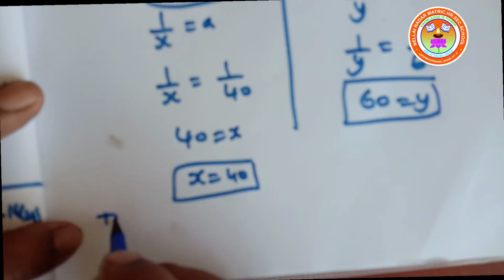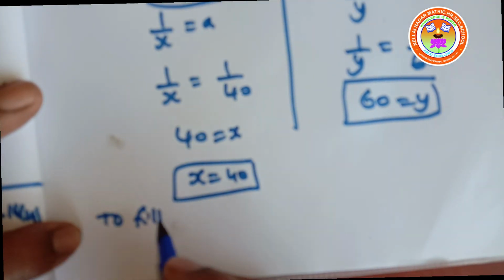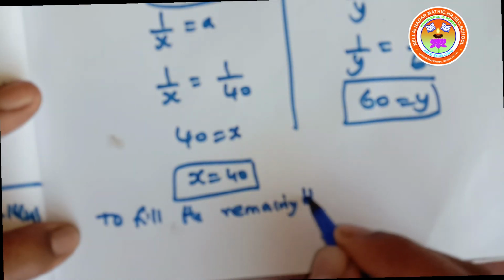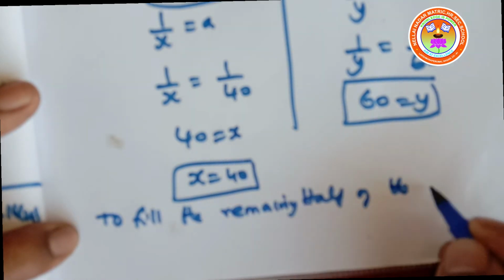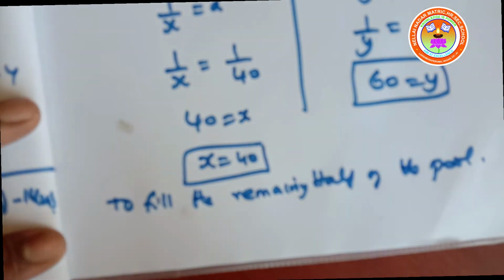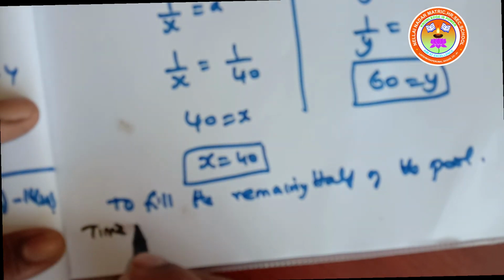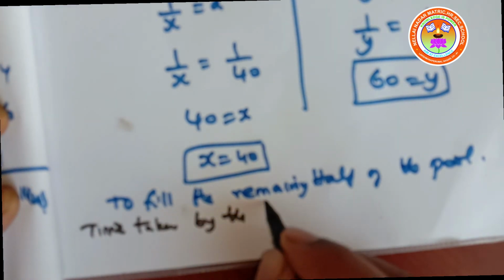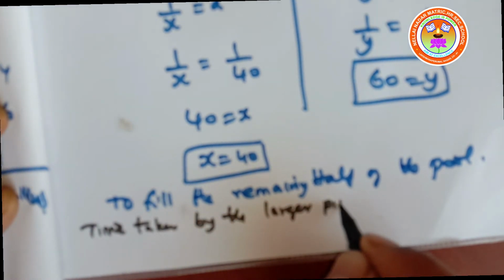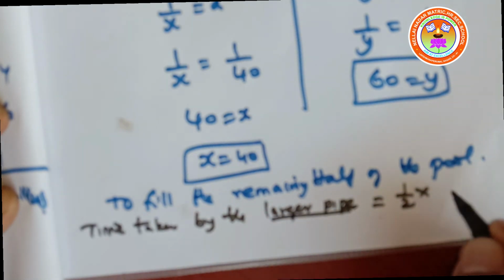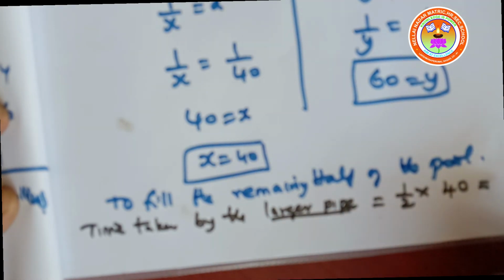To fill the remaining half of the tank, time taken by the larger pipe is equal to 1 by 2 into larger pipe, which is 40, that is equal to 20 hours.